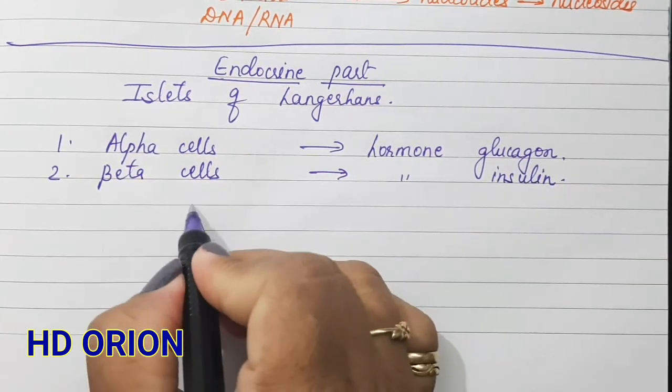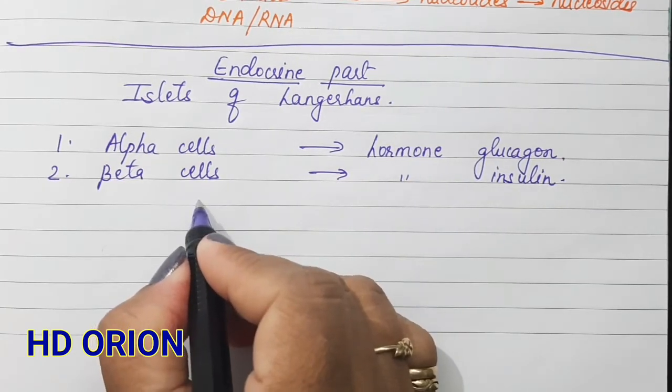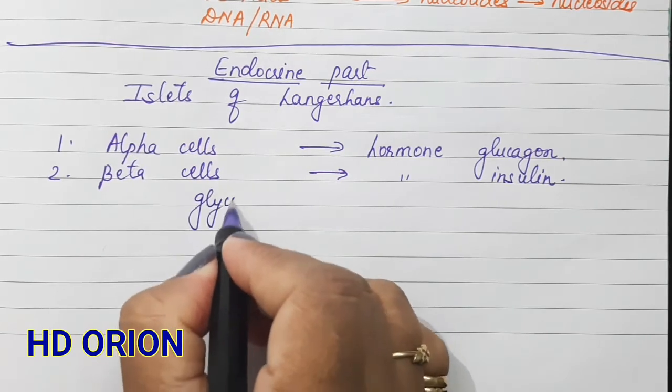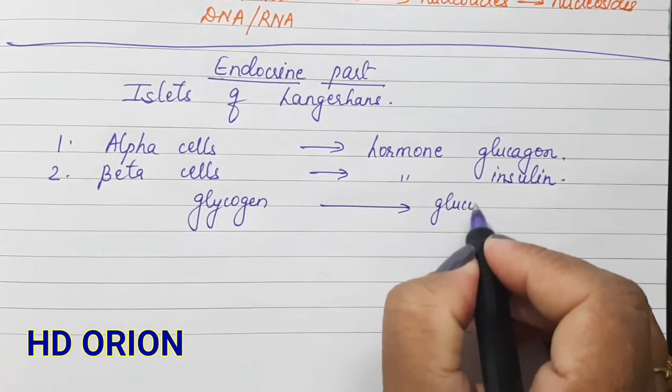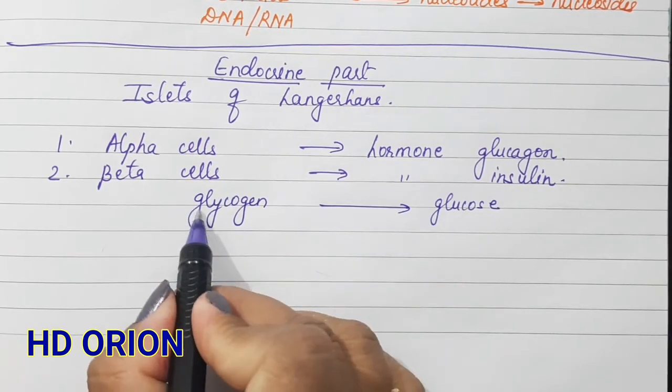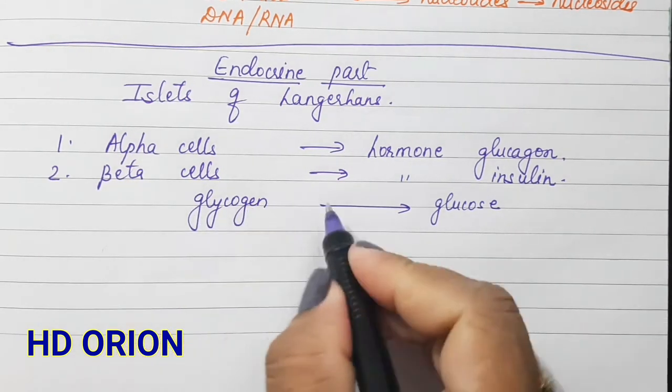So the mode of action is that glucagon helps in the conversion of glycogen into glucose. Glycogen is the reserve food material. The carbohydrate which is extra is stored in the liver and the muscles. So glycogen is the reserve food material.